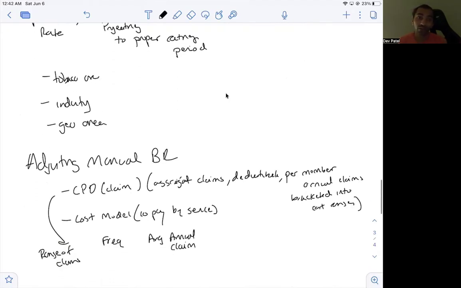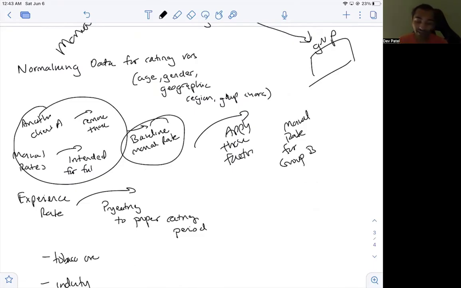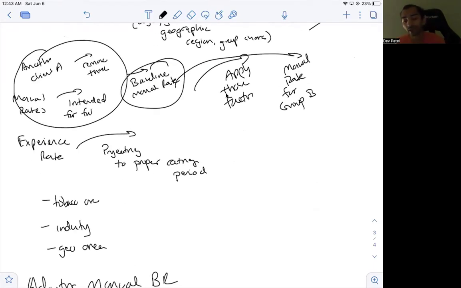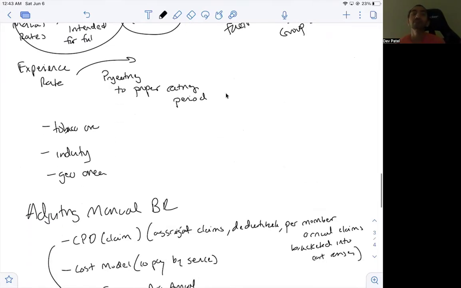And now when we talk about adjusting our manual base rate, what step is this in? This is when we take our data from another client, we've done our denormalization, we have our baseline manual rate, and now we're applying all these age, gender, geographic region factors to get to our manual rate for the current group that we are insuring. And so now how are we adjusting the manual rate?